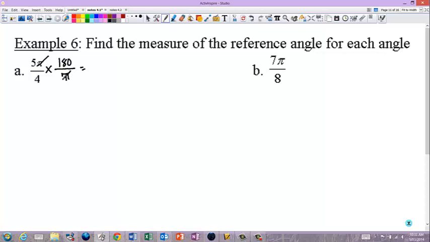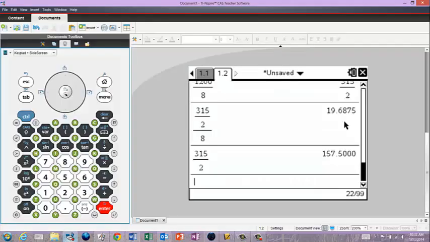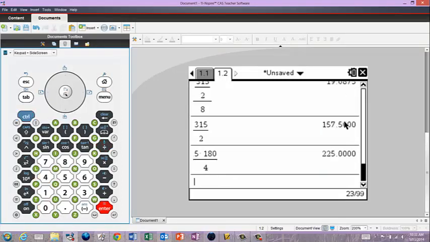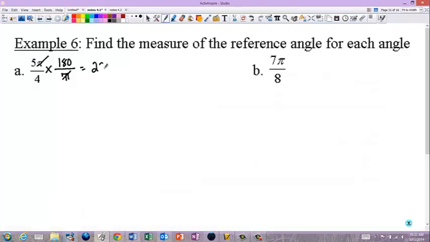Okay, so I'm going to use my calculator on this part. 5 times 180 divided by 4, make sure you hit Control Enter, and I get 225. So I'm at 225 degrees. So I sketch it. That's 0, 90, 180, 270. 225 would be here.